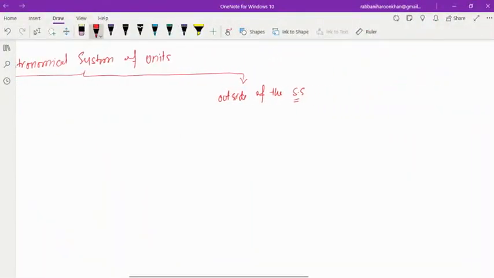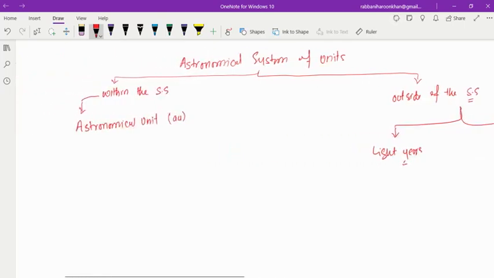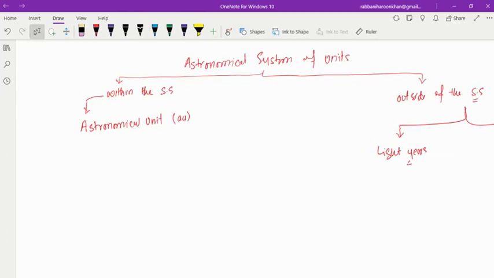And they are of two categories. One we call light years, and the other one is parsec, right? Now let's talk about them in detail, one by one.